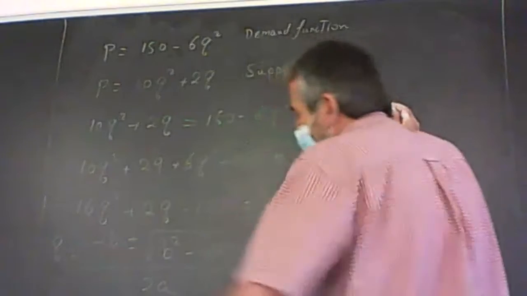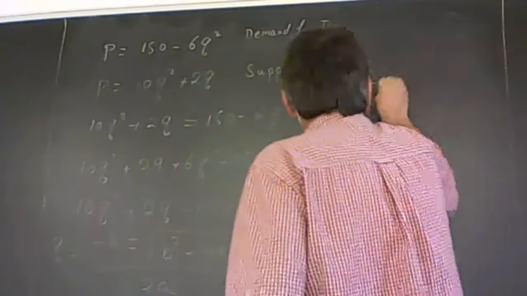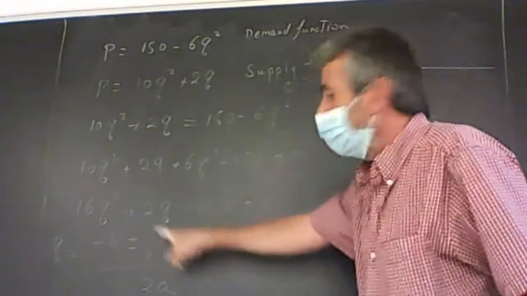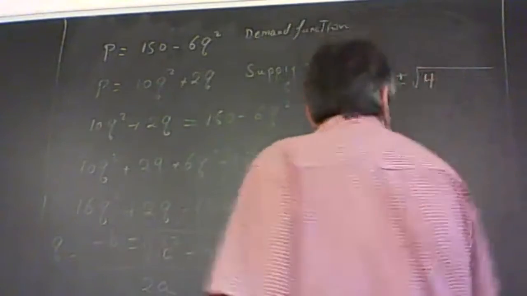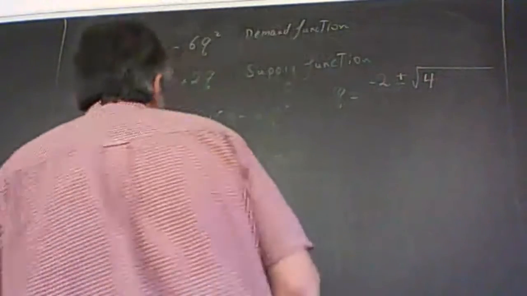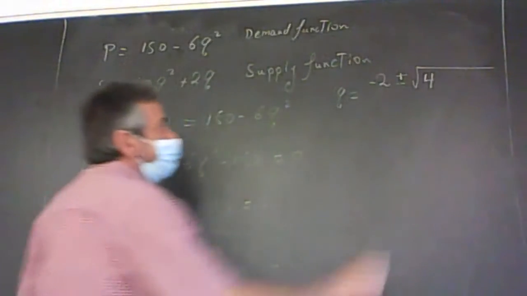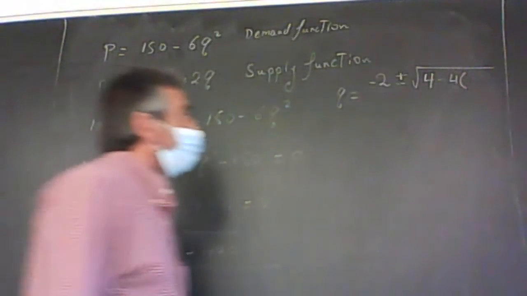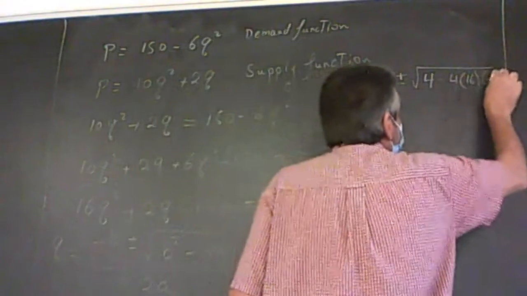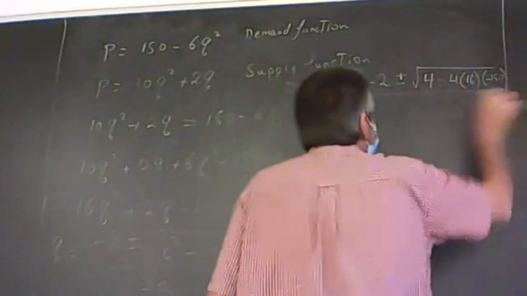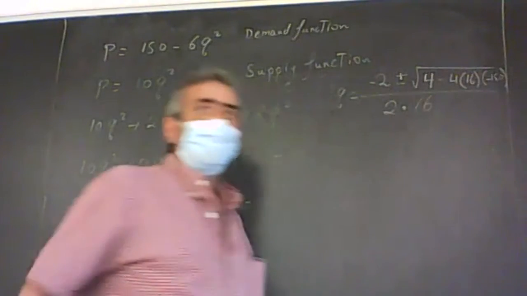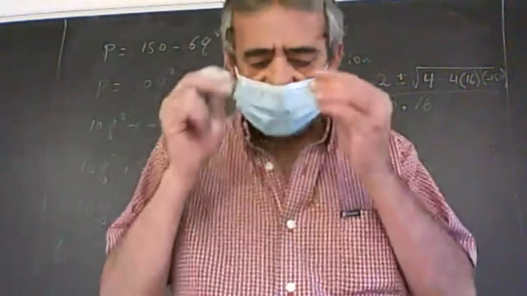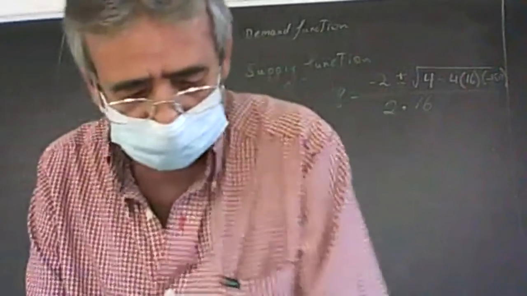Q equals minus b, b is 2, so minus 2 plus or minus the square root of b squared, which is 4, minus 4 times a, 16, times negative 150, all divided by 2 times 16.